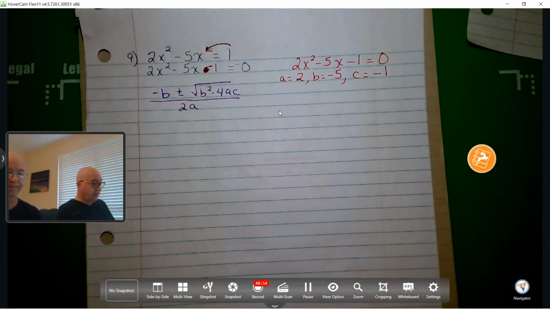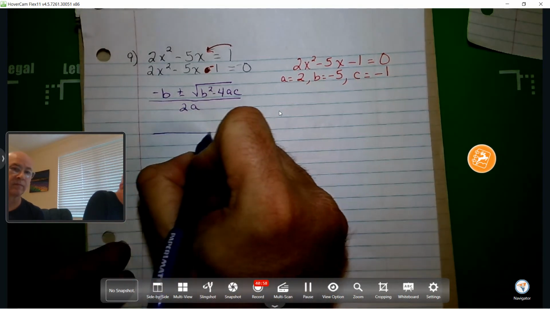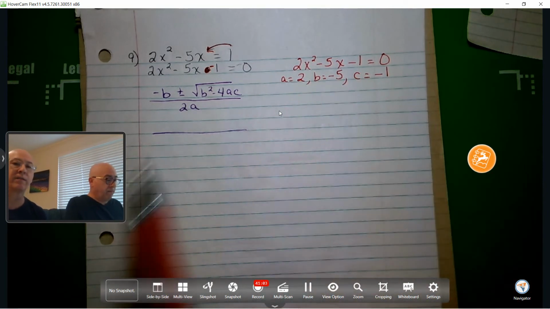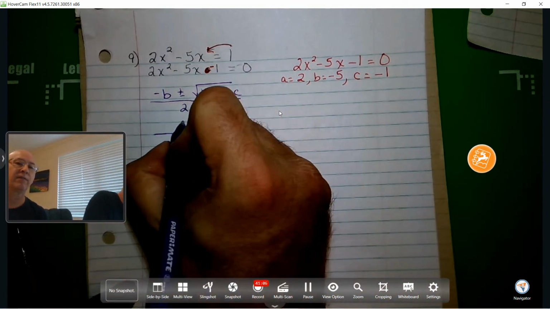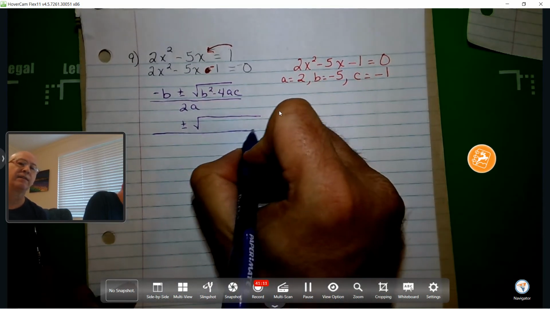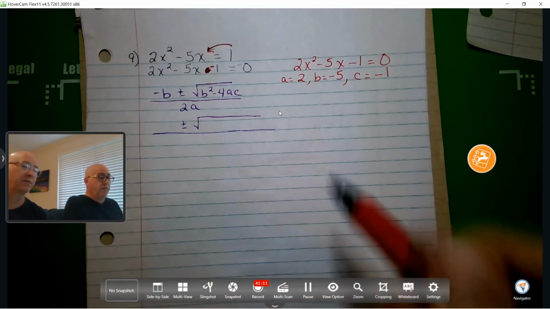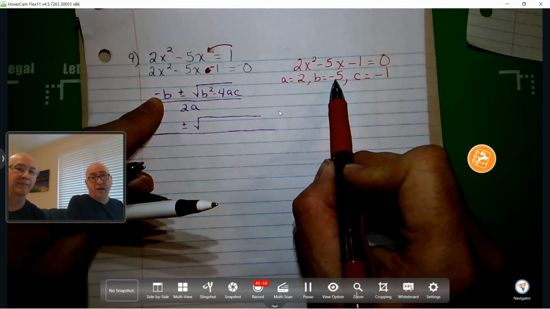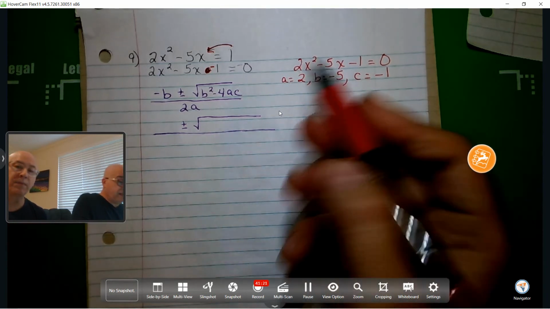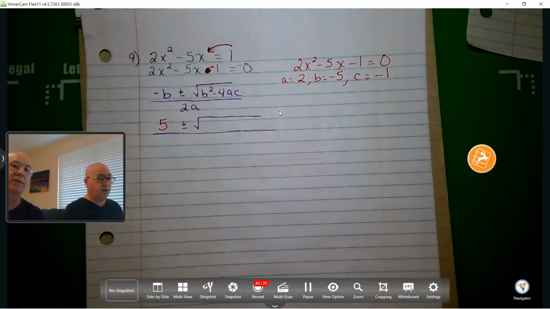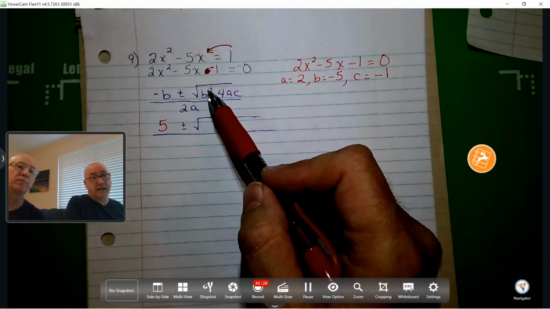So we'll start plugging in to the quadratic formula. Always write that plus, minus, and radical. Okay, so negative B: the opposite of negative 5 is a positive 5. So just change the sign on B. And now the B squared is the thing I do in my head.